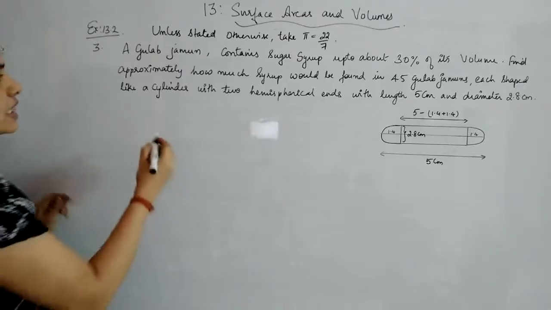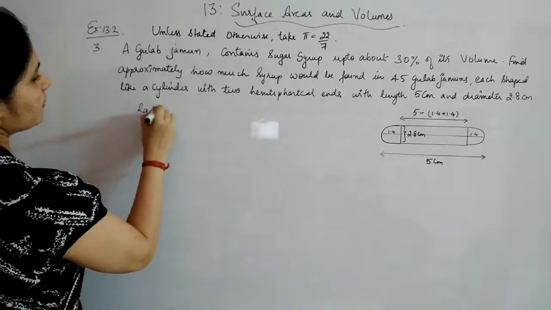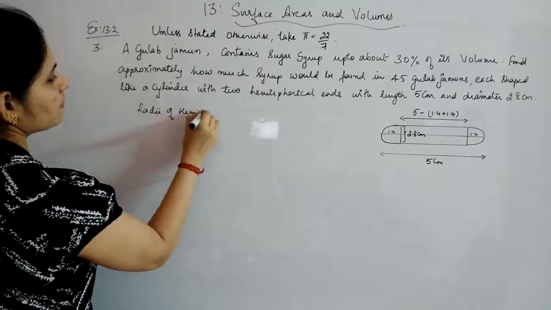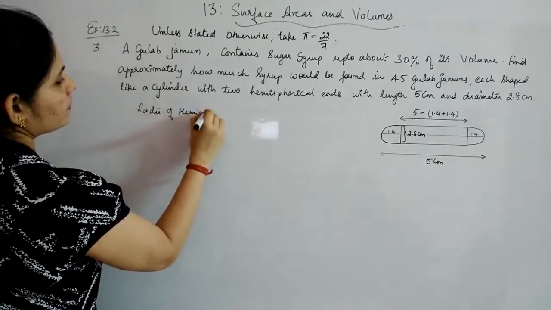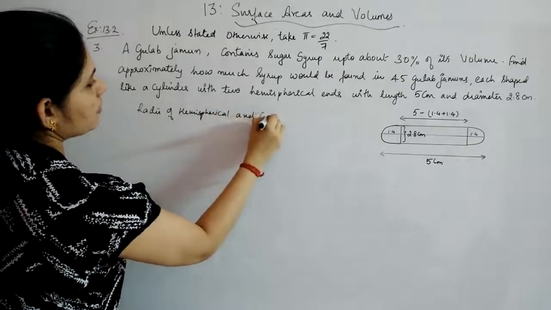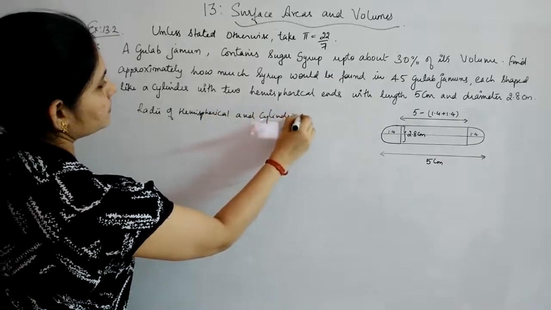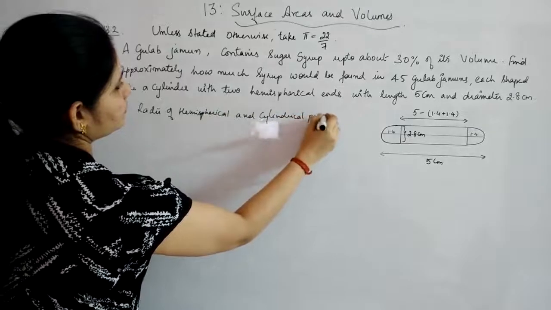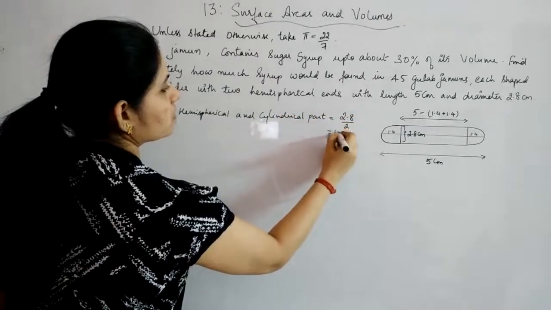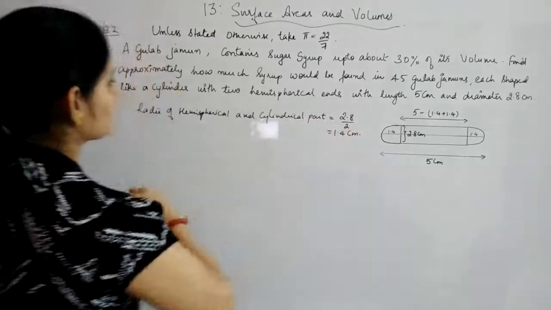Okay, so let's start with the radii. Radii of both the hemispherical as well as the cylindrical part will be equal to 2.8 by 2, that is 1.4 centimeters.